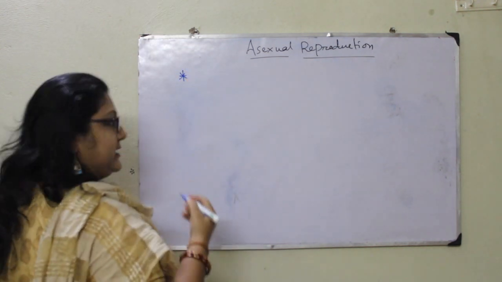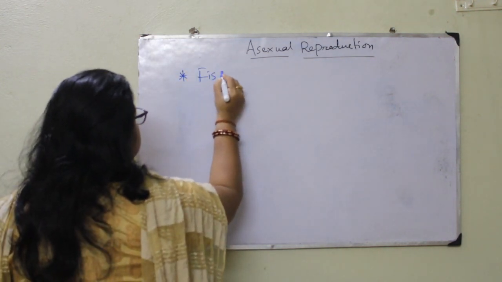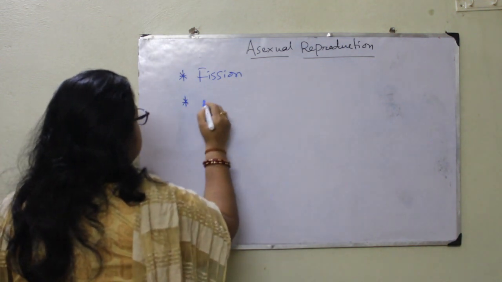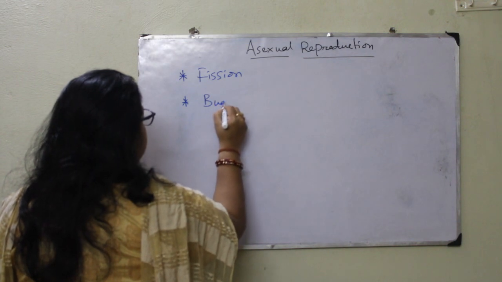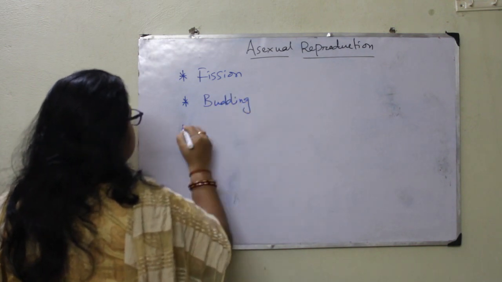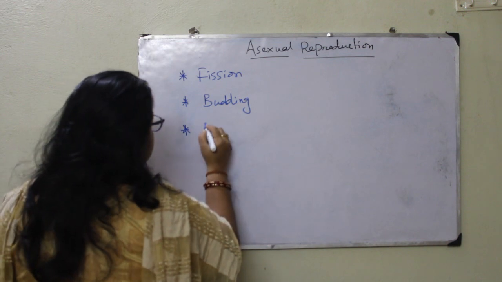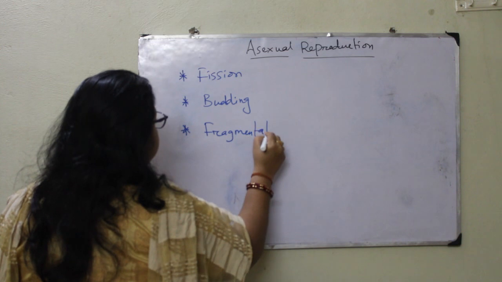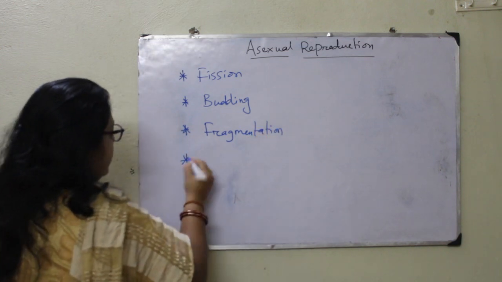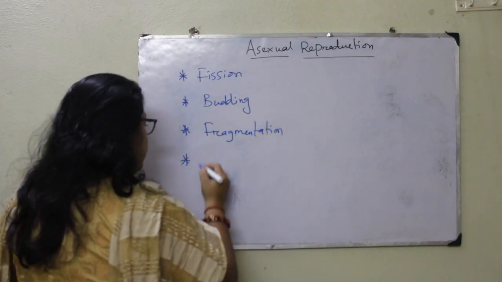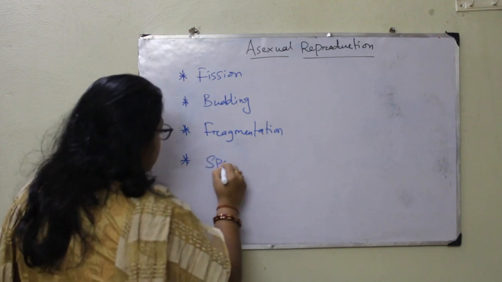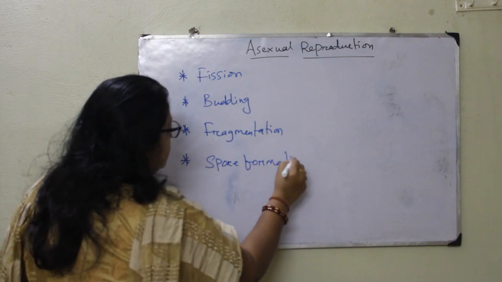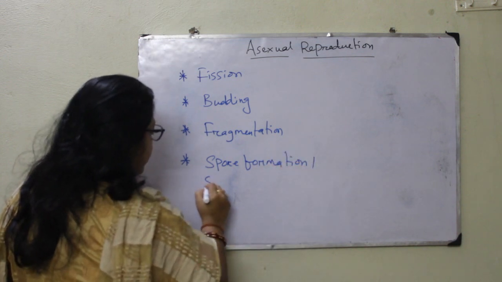The first one is fission. The second one is budding. Third is fragmentation. Fourth one is spore formation, or by special structures.